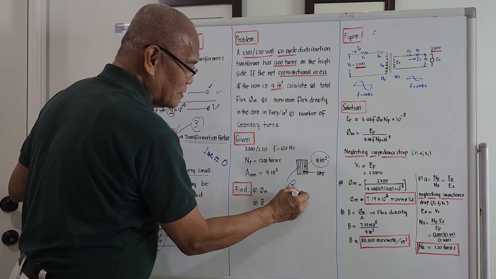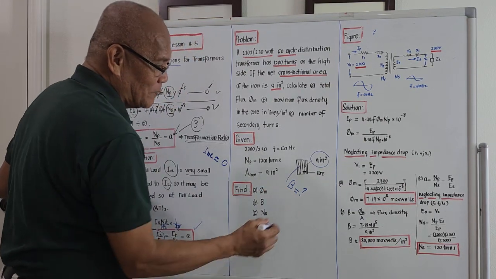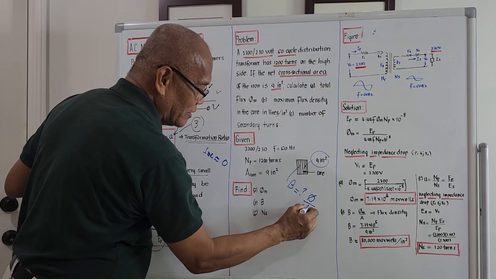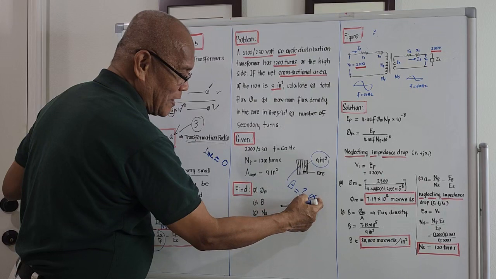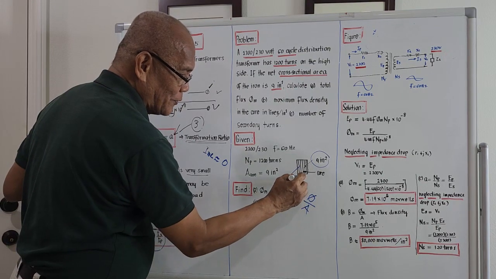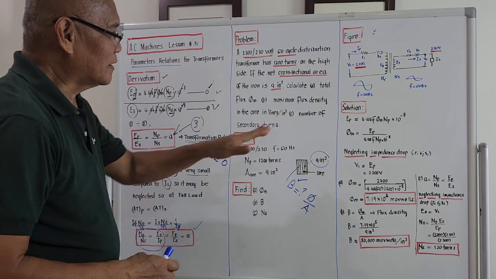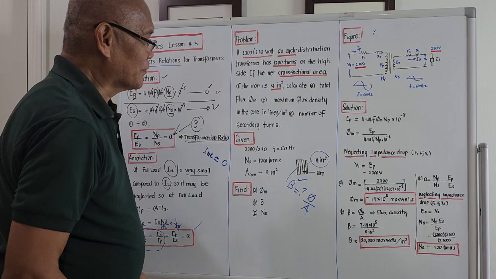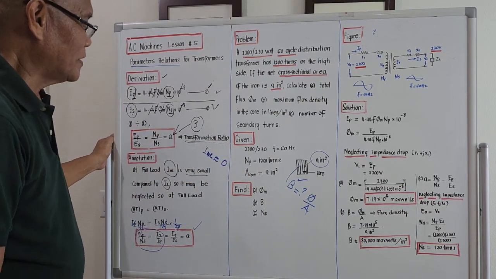Flux density is designated by the letter B in the study of transformers, and it is actually flux per unit area. That's why it's density. So if we could compute the flux and we are given the area, we could compute the flux density. And the last requirement, the number of turns on the secondary.